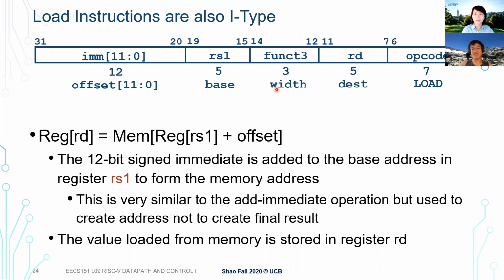So far we are always loading 32 bits, which is 4 bytes or a word, but we could use the func3 field to represent different ways to load from memory: a full word, a half word, or a single byte.